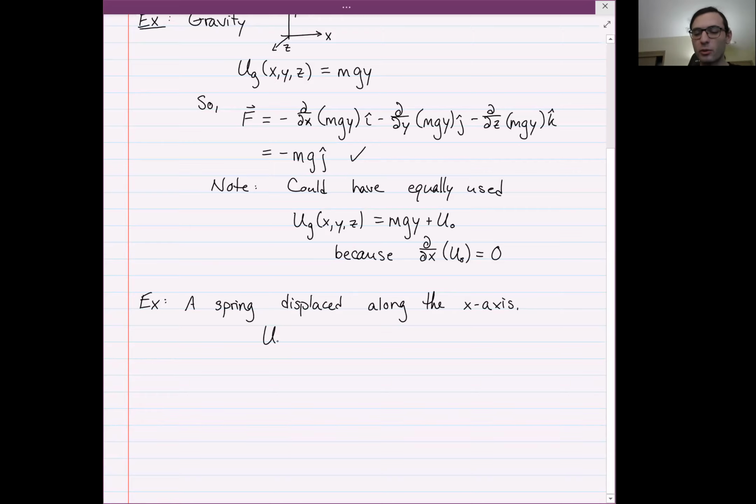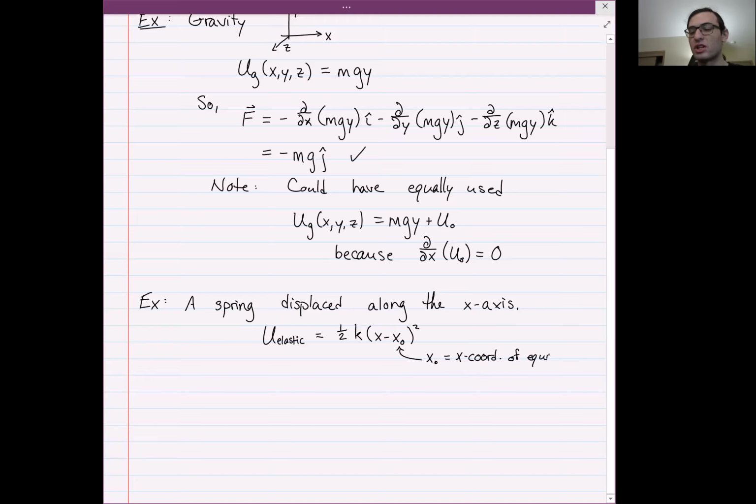In that case, we can write down the potential energy function for the elastic force. We did this on Friday, and it's equal to 1/2 k times (x minus x naught) squared. Now remember, this x naught is the x coordinate of the equilibrium position.